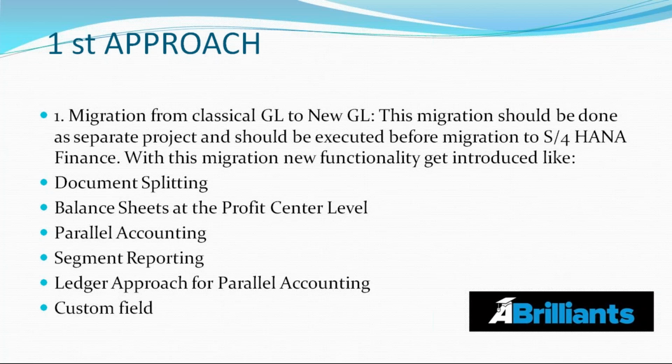So this is going to lead us to two aspects: the first approach and the second approach. In the first approach, we have data and document splitting. On the document splitting approach, we're going to look at what document splitting is about and what innovations document splitting brings into our existing SAP system. We are going to look at the balance sheet at the profit center level.